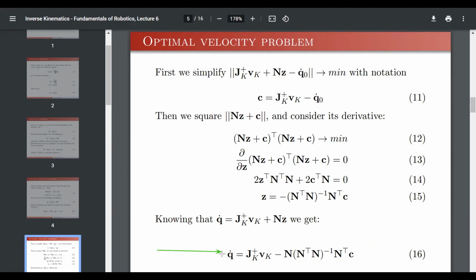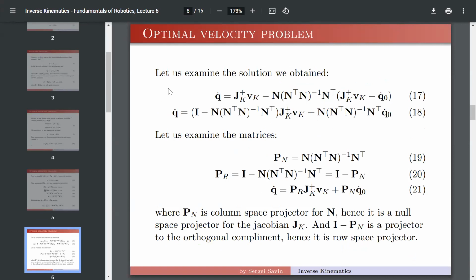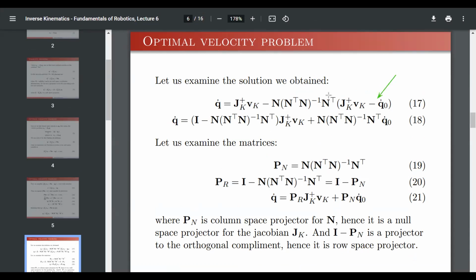So expression 16 is what we got, right? C is still giving us this expression. So we somehow would want to put this whole thing into there, right? We want to put this guy here. So let us do that. Here we put C in, and we have this long expression.